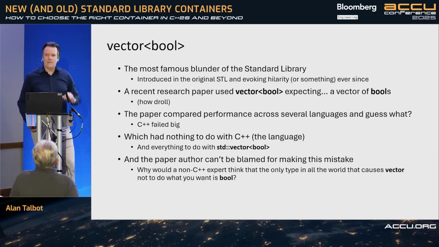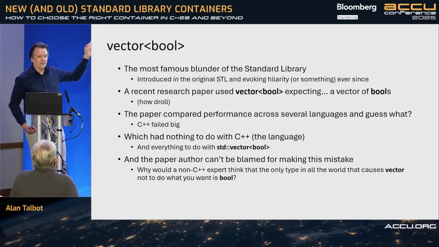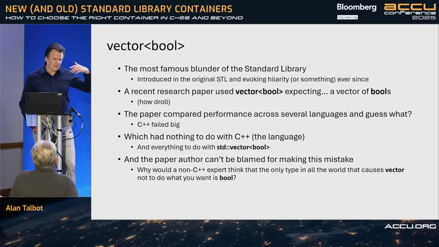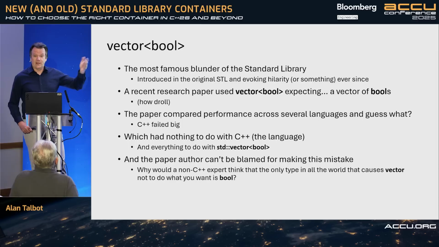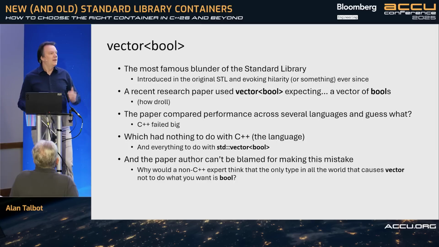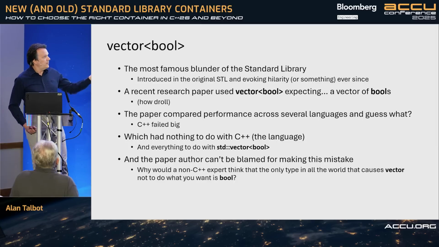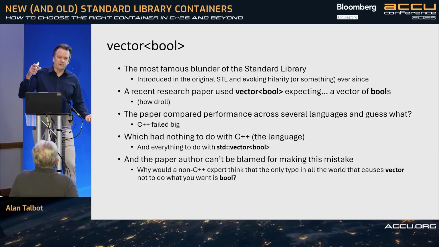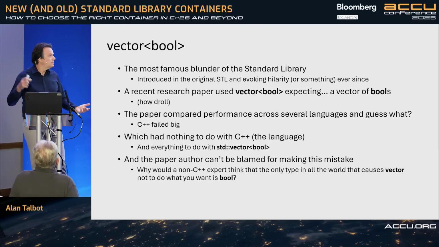There was a paper, this came up on the C++ committee's email reflector. There was a paper published by somebody, and they were doing some analysis of some algorithm, and they compared across several languages, and they needed a vector of Boolean bytes, okay?